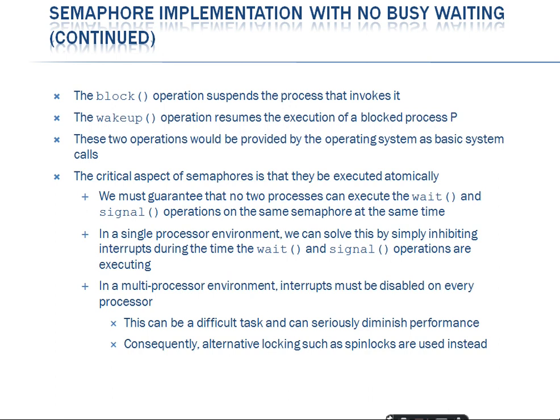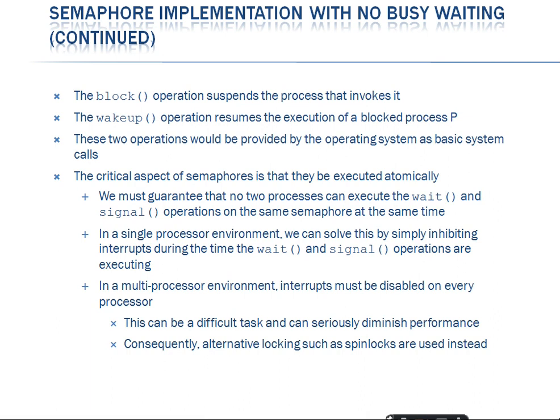The block operation suspends the process that invokes it. Whichever process is invoking a block operation will be suspended. The wake up operation resumes the execution of a blocked process.